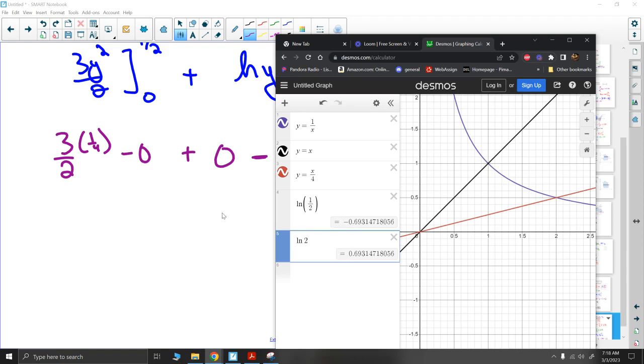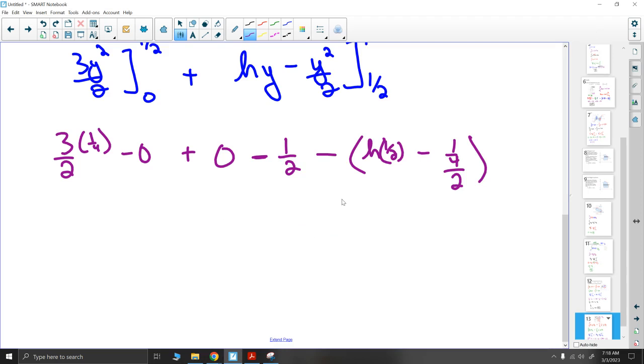Essentially, the reasoning for this is that we'll clean it up first, and we'll deal with it in a sec.